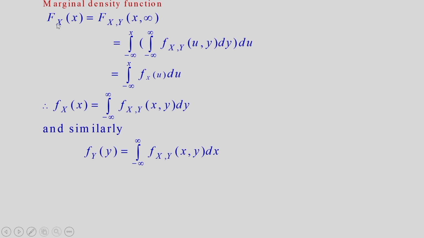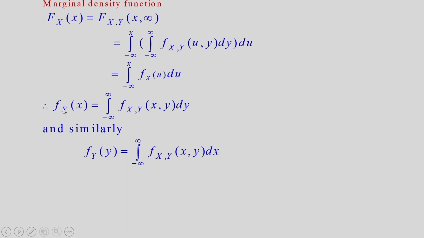Now, the CDF F_X(x) also has this expression: the integration from minus infinity to x of the PDF at point u, du. So, if we compare this expression and this expression, then this bracketed term must be equal to f_X(u). Thus, the PDF f_X(x) is given by integration from minus infinity to infinity of the joint PDF with respect to dy.